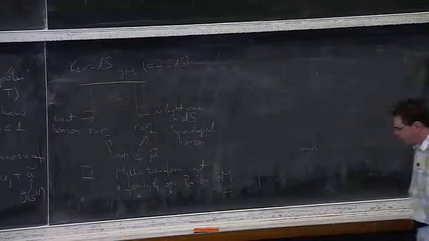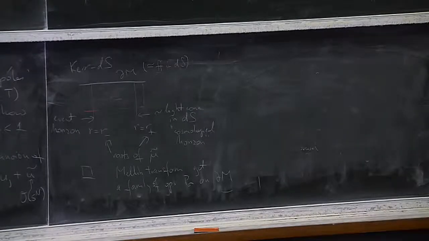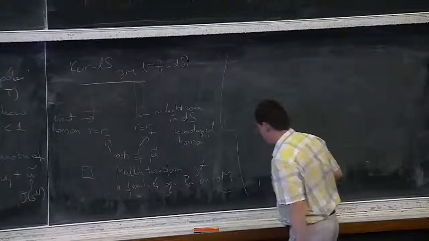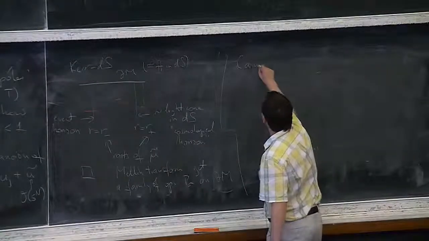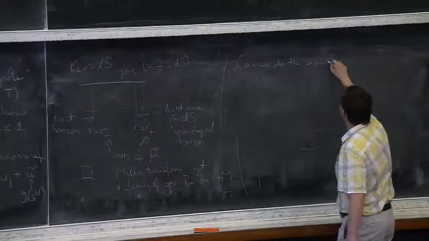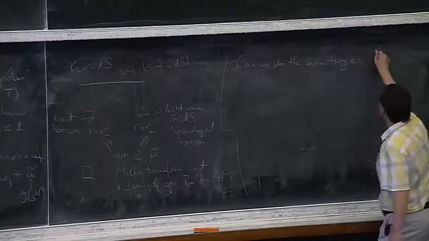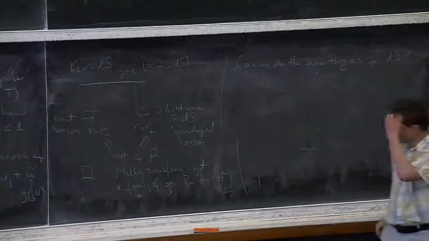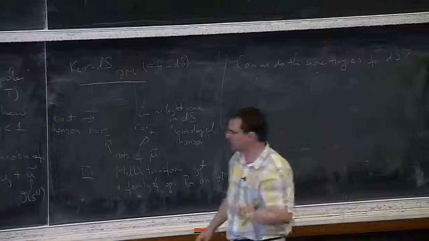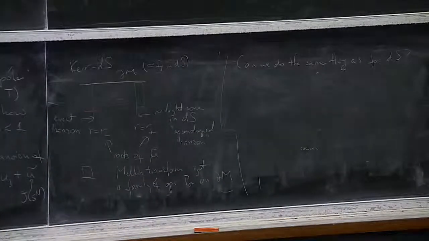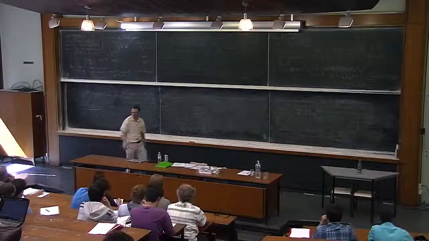And so now we want to analyze. We want to do exactly the same thing. So the question is, can we do the same thing as for de Sitter space? Okay, so there are two parts of what we did. The part I spent the most time on was this classical analysis, the one that happens when you're not thinking about sigma going to infinity.